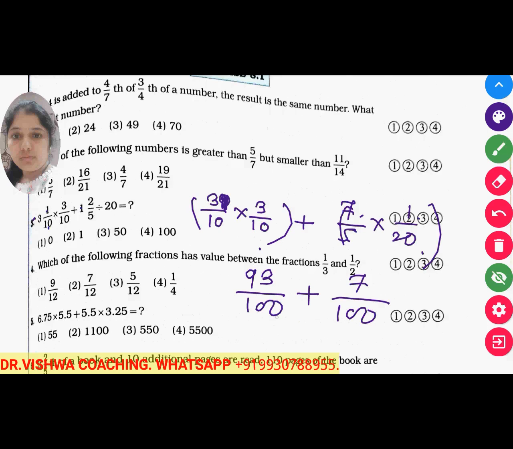Multiplication is there, so we just multiply 10 into 10, 100, 31 into 3, 93. Numerator to numerator, denominator to denominator. Now the base is same, just add them. So 93 plus 7, 100/100. So 1. Okay, understood?